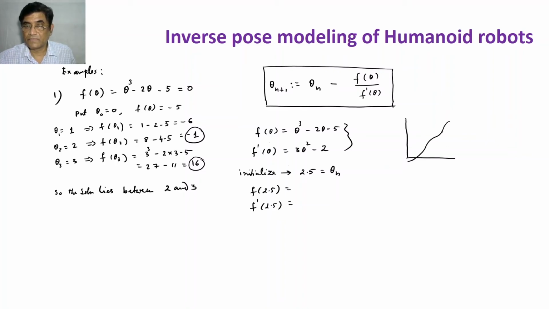So you started from somewhere, say theta 0, and then after several iterations, n equals say 20 or 30 iterations, you have come across here, and there is no appreciable change. Theta n plus 1 equals theta n.